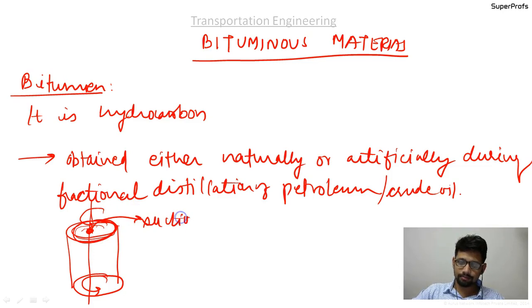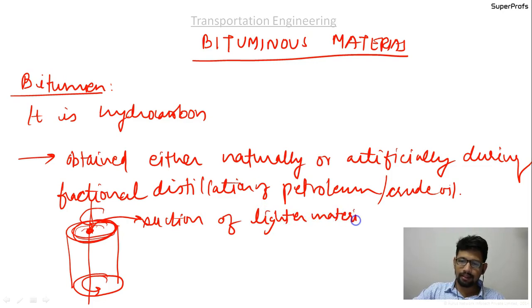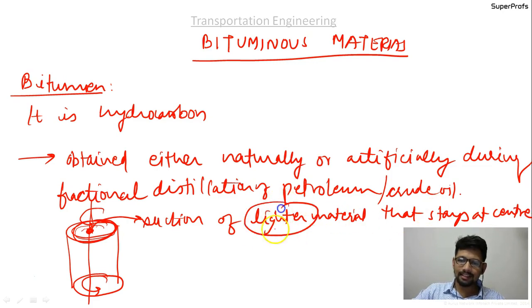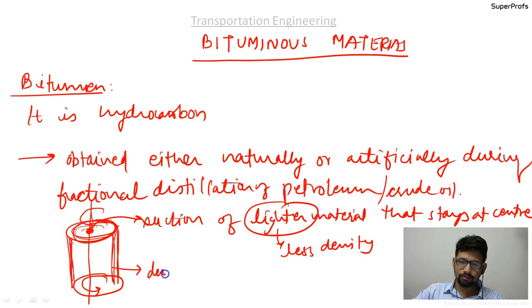The suction of lighter material stays at the center, since it has less density; lighter stands for less density. And the dense material goes to the periphery like this. This is how fractional distillation is performed.